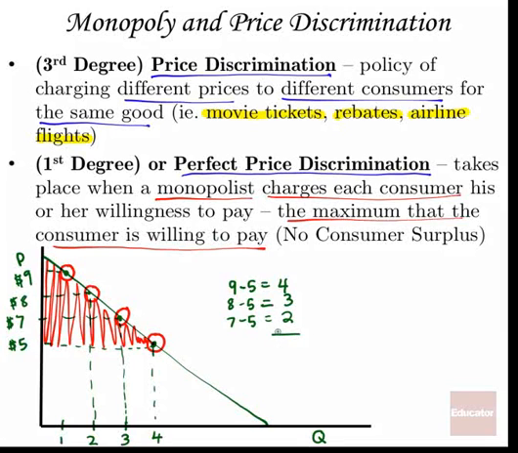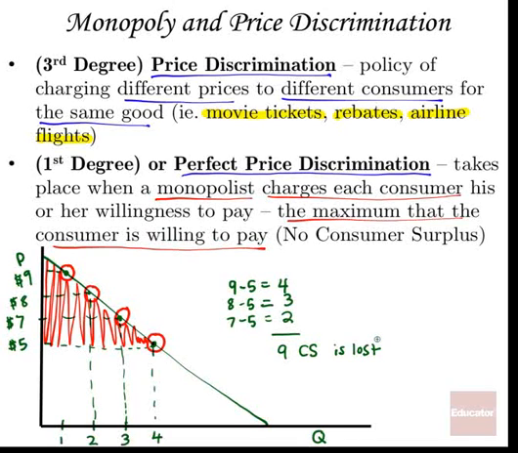But basically, 9 consumer surplus is lost in this particular case where there's only 4 individuals. So what perfect price discrimination does, it takes away any extra utility and extra happiness that a consumer would get from buying at a lower price than he otherwise would have paid. So he's no longer extra happy.